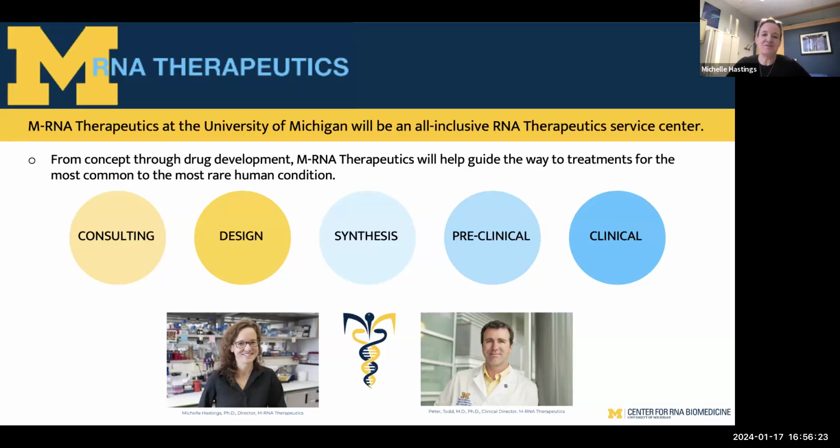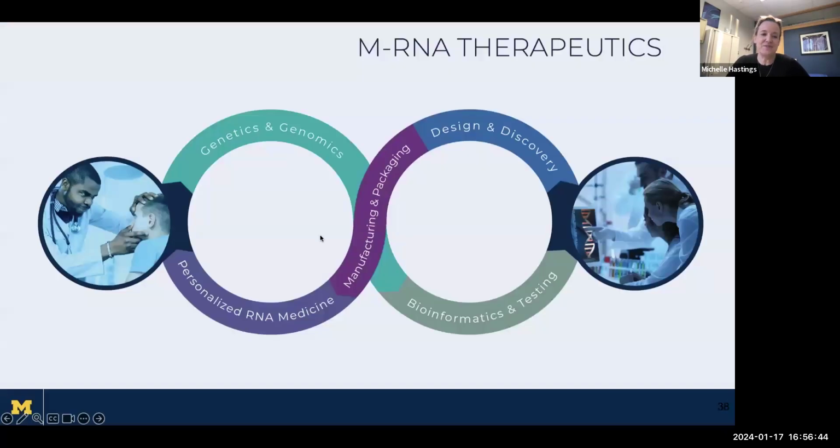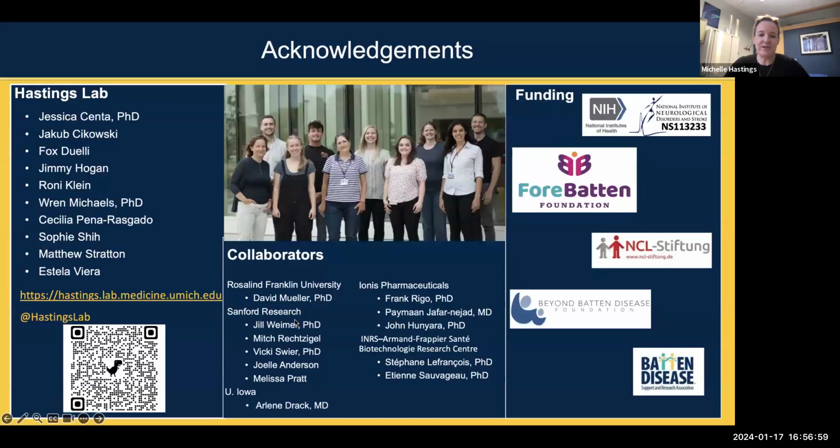We really aim and have a vision to be an all-inclusive RNA therapeutics center and help labs within Michigan and outside of Michigan discover and develop treatments by helping consult and design, synthesize, and work with clinicians and others in the preclinical and clinical development, and really trying to go from the bedside to the bench and bench to bedside by accessing patients, getting genetic information, designing therapeutics, and getting it back into the patient. So we're really excited about doing that.